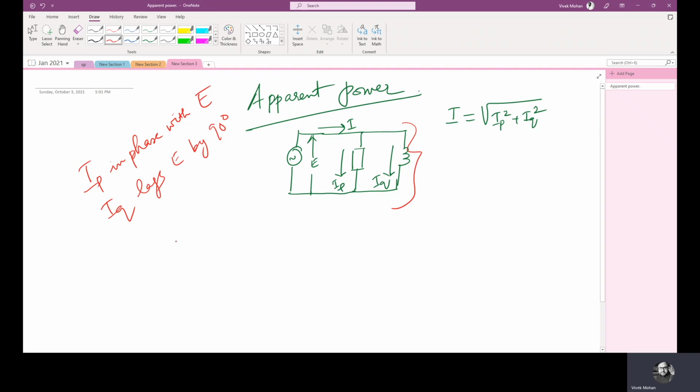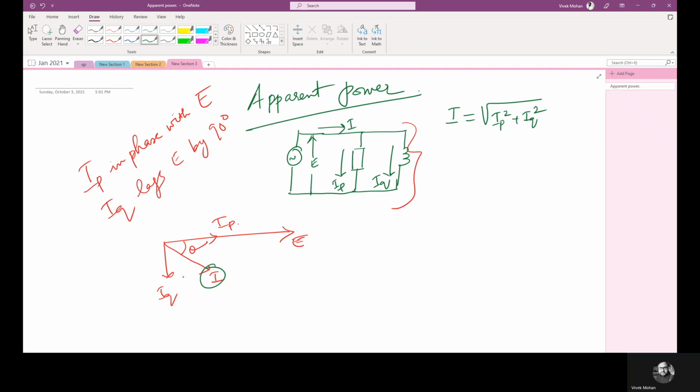So this will look like this: this is my E, this is my IP, this is my IQ. So this is my I, this is theta. Now the resultant line current I lags the voltage by an angle theta.